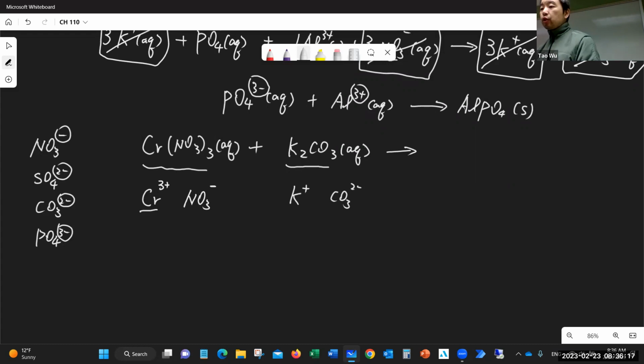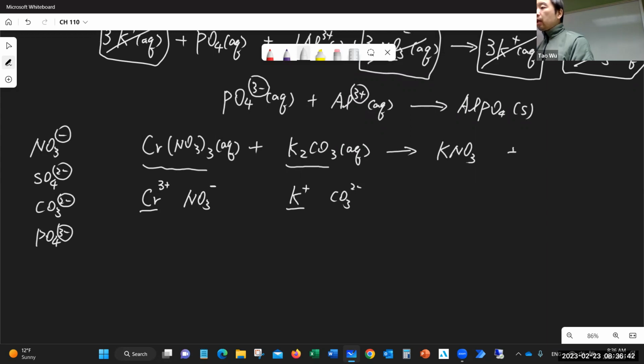And then you just need to switch the position, right? The chromium will switch position with the potassium. So potassium and nitrate will combine together. Chromium and carbonate will combine together. So in this case, they are going to generate potassium and nitrate, 1 positive charge, 1 negative charge. So you're going to have potassium nitrate.